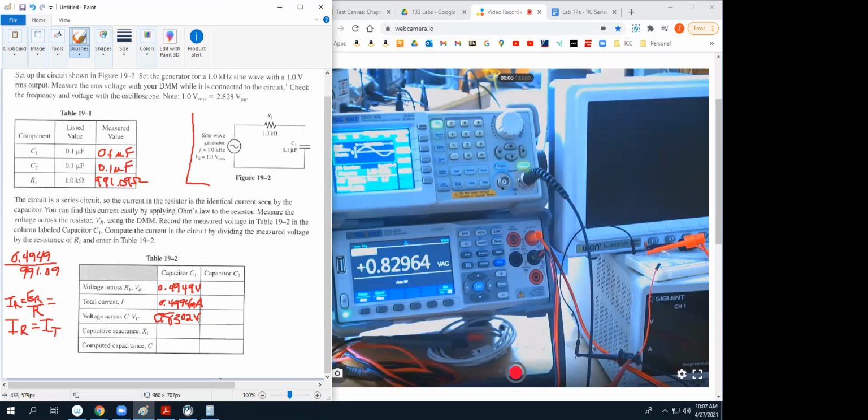Those five are connected, those five are connected. You guys know how your breadboards are set up? Have you been taught that? Yeah. Okay.